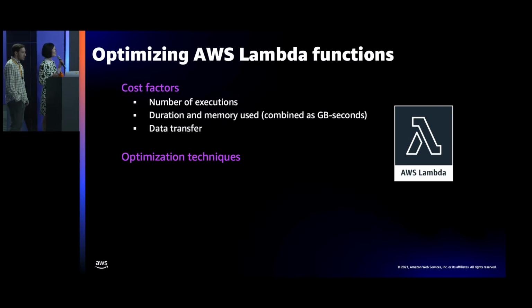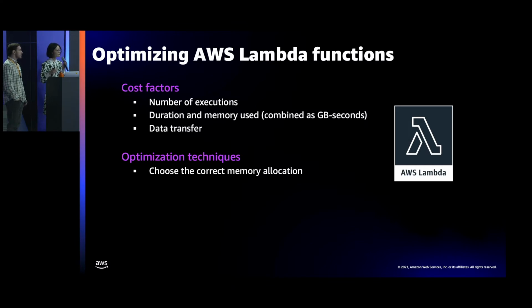Next, I will cover some specific techniques that you can use to further optimize your Lambda function cost. The first is choosing the right memory configuration for your Lambda function. Maybe you think, if I over-provision my Lambda function, it will bring an additional cost.